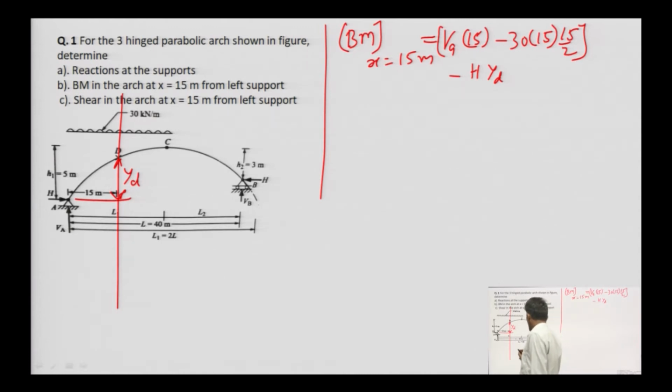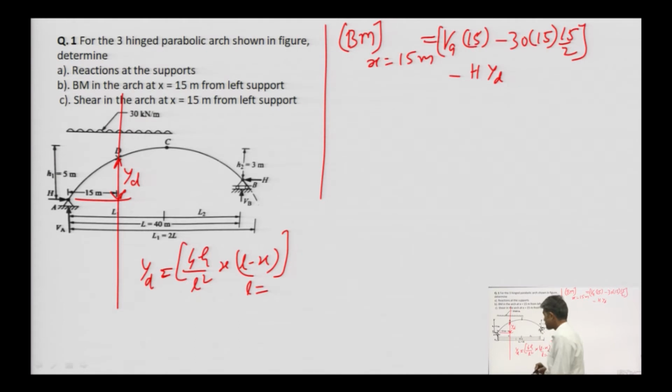So, the value of Yd can be calculated by 4h by L square into x (L minus x), taking L equal to 2L1, to make the symmetry, because this is L1, and this is L1.